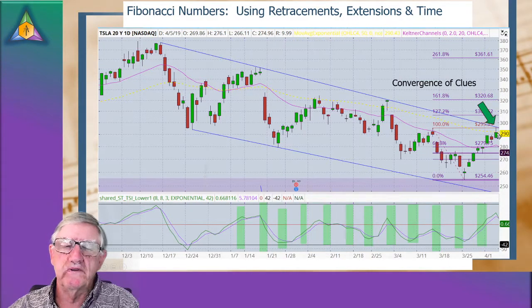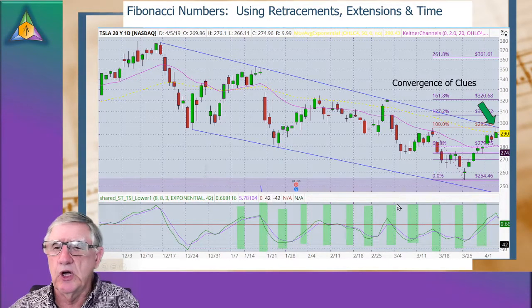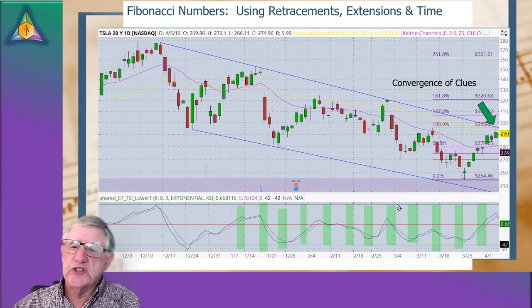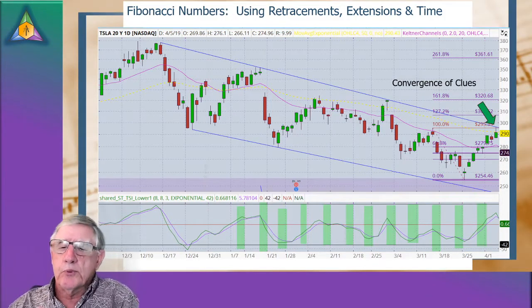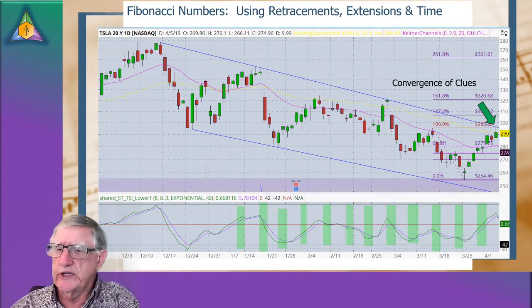That yellow one is the 50-day moving average, at the 100% extension or retracement off the Fibonacci's. The TSI down here at the bottom was starting to roll over. And so the convergence of clues from just pure price by itself was screaming at us, this is probably a place where we are going to reverse.